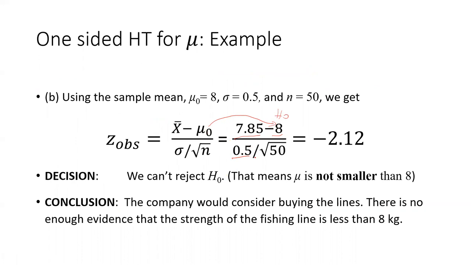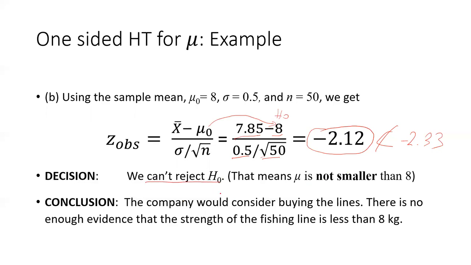Assume that it's true. In the next question, we will assume that we don't know sigma and just use S, the sample standard deviation. But for now, I'm just using sigma. And z observed is minus 2.12, which is not smaller than minus 2.33, which means we cannot reject H0.